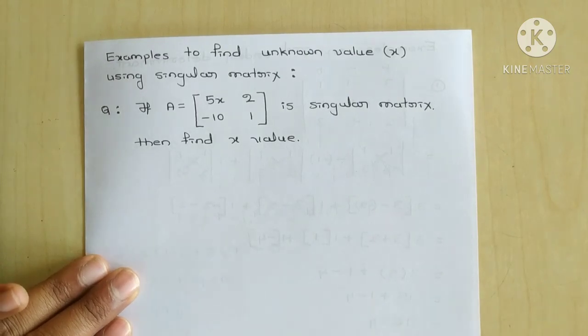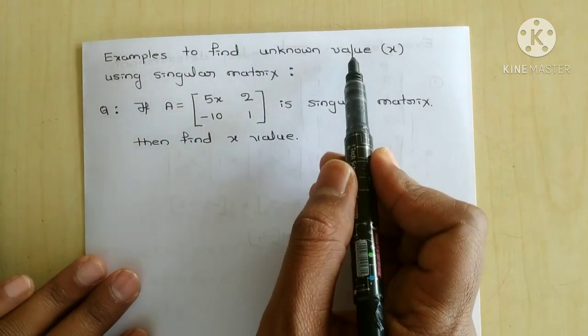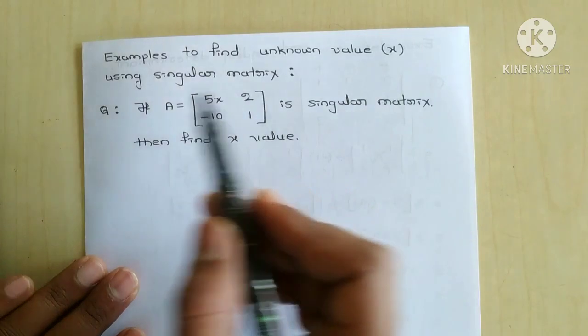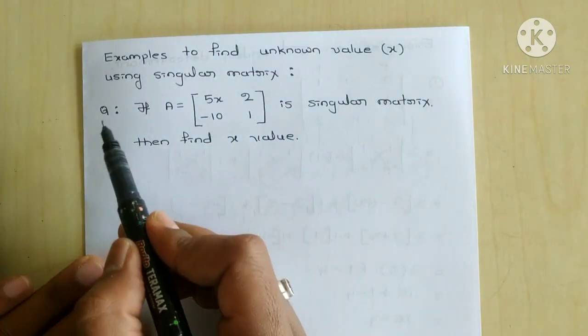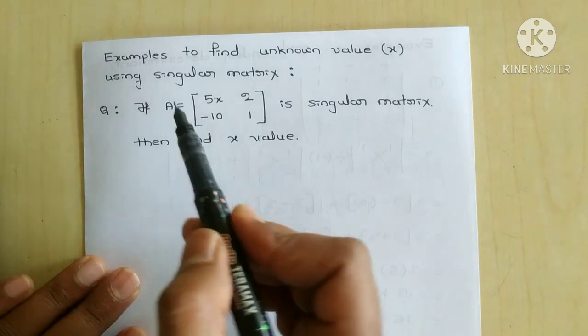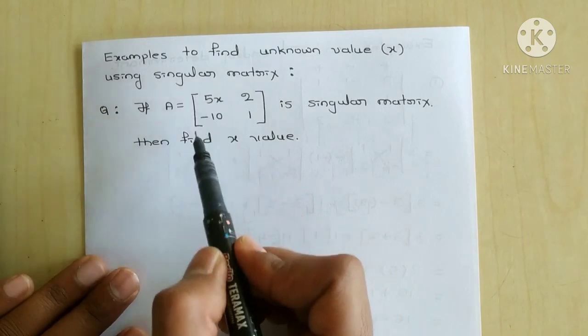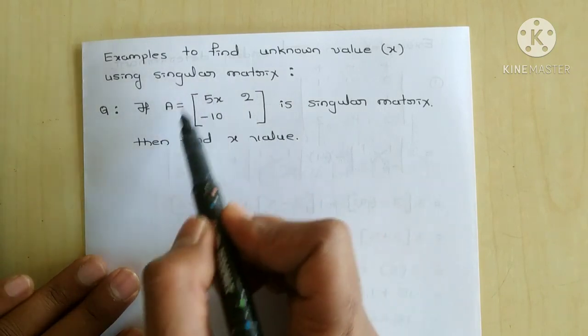So next are examples to find an unknown value. An unknown value means you need to find out which value here, the x value, using a singular matrix. So in an examination, how will they ask the question? If A is equal to a square matrix, they are going to give a second order, 2 cross 2 matrix.